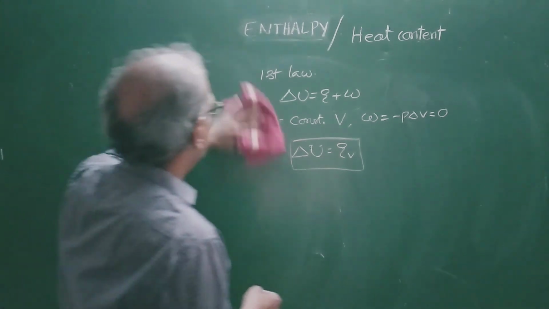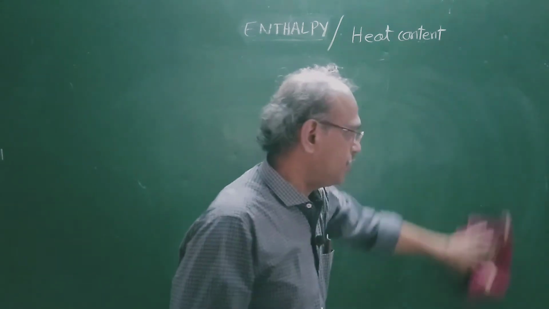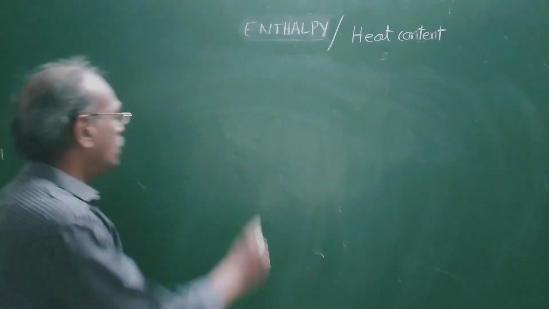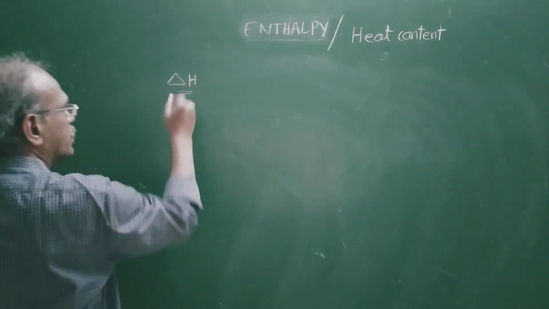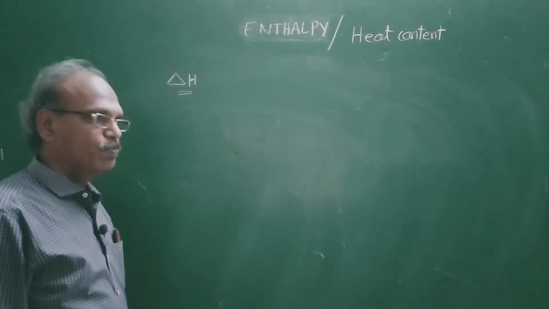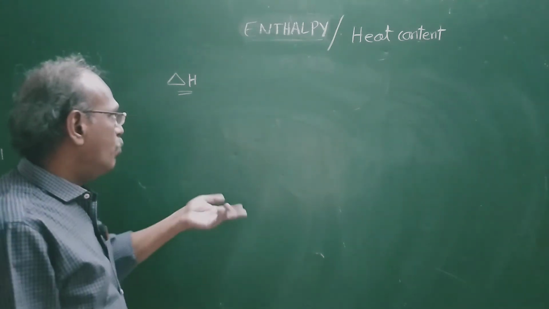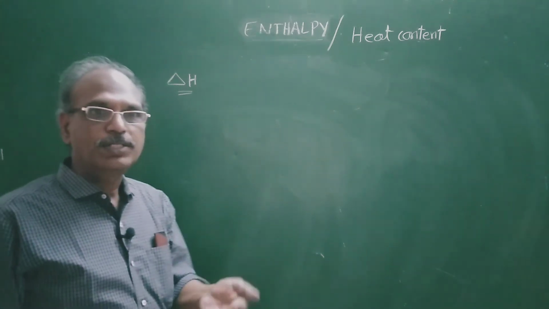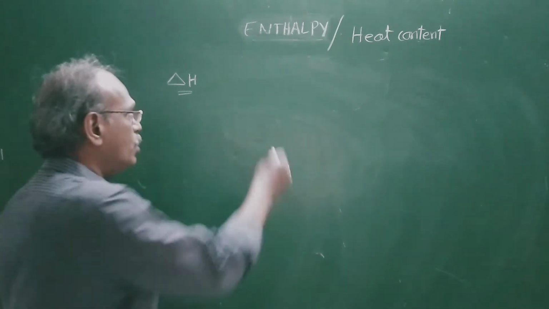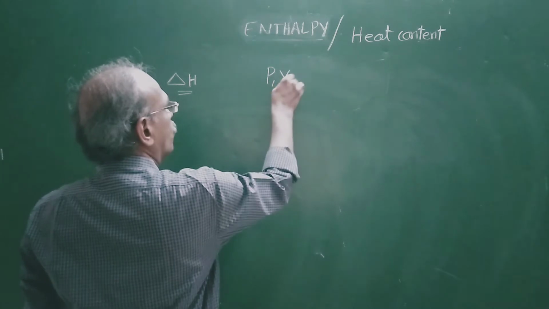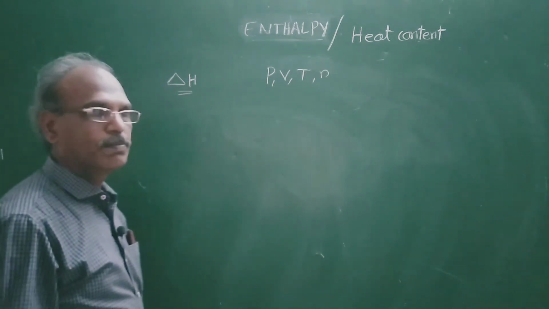Let's see one more thing about delta H. What is delta H? An extensive property, and it is a state function. The state of a system is defined by state variables. What are they? Pressure, volume, temperature, and number of moles.